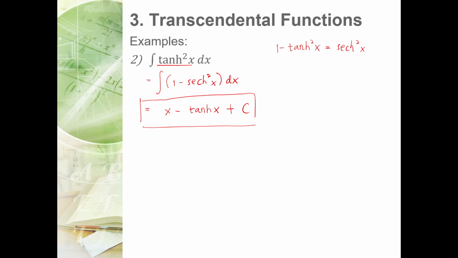I think you can just search for hyperbolic identities, and there are only a few equations for this type of function compared with the trigonometric identities, which are many, like the negative quotient identities, product to sum, sum to product, half angle. Compared with that, the hyperbolic identities are very few.